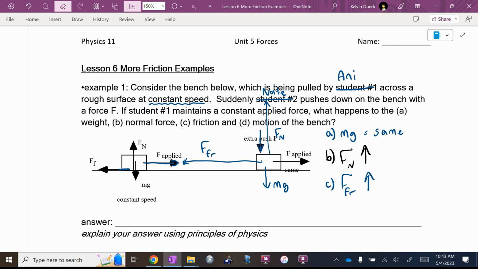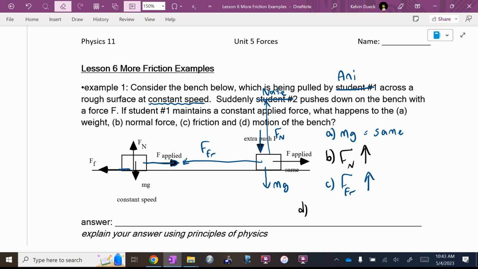And then it says, what's going to happen to the motion of the bench? Okay. First of all, what direction is the bench moving in the first picture? I think to the right. Yes? It's still moving to the right in the second picture, but is it speeding up or slowing down? So it's going to slow down and come to a stop. Okay? Newton's laws don't tell us which way you're moving. They tell us which way you're accelerating.